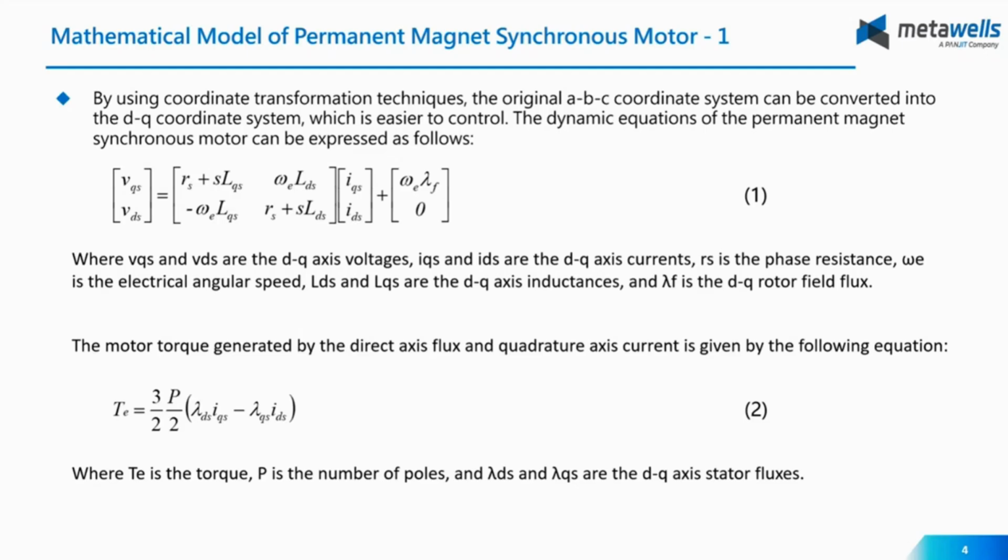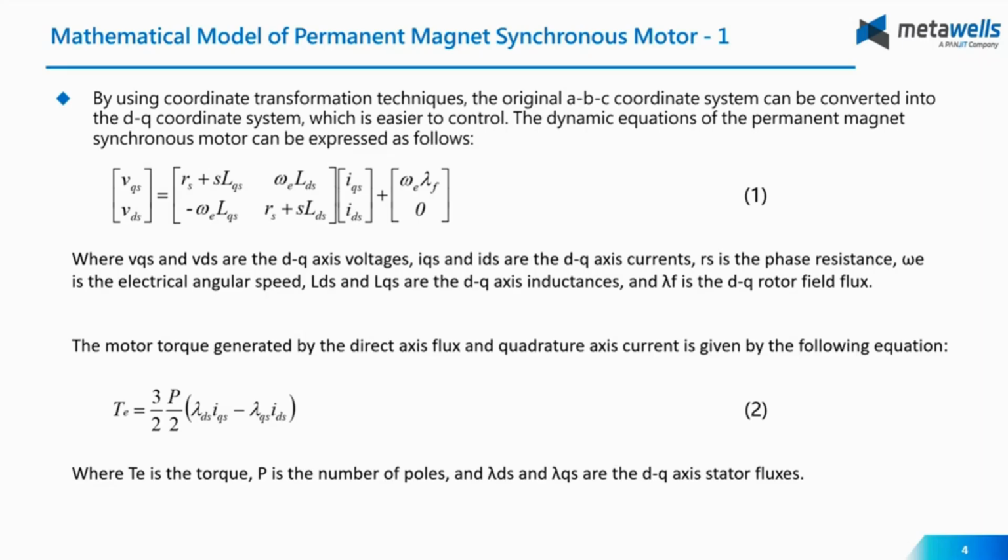Okay, and for the torque equation, we can check equation 2. We have the electromagnetic torque equation. It shows that the torque Te here is proportional to the interaction between the rotor magnetic flux lambda f and the stator current.